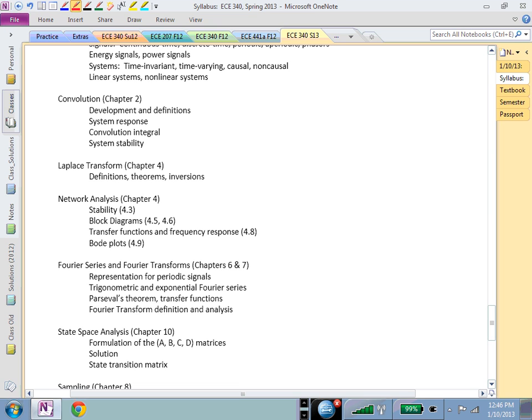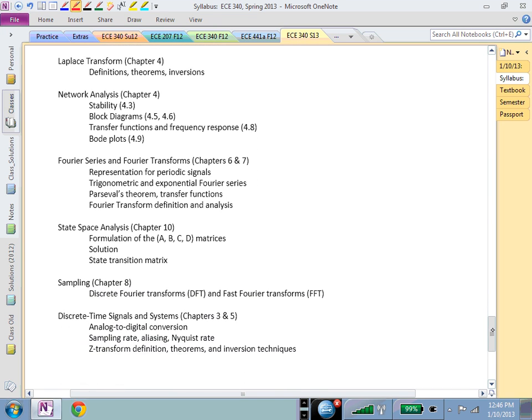We'll talk about different representations of those systems via block diagrams, Bode plots. Then we'll talk about how do we characterize signals in the frequency domain through Fourier series, Fourier transforms. How do we put all of this into a generic representation, which I'm referring to as state space analysis.